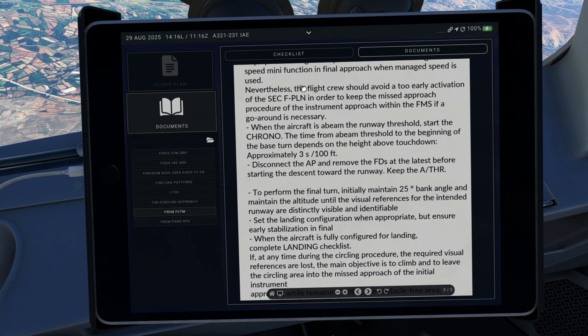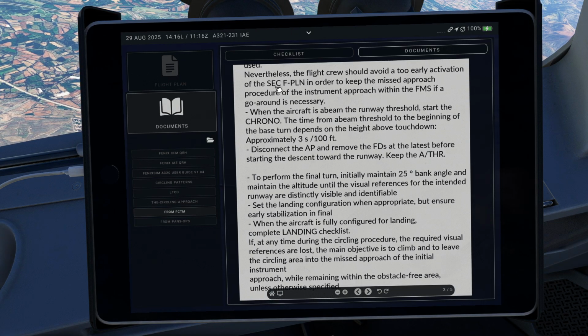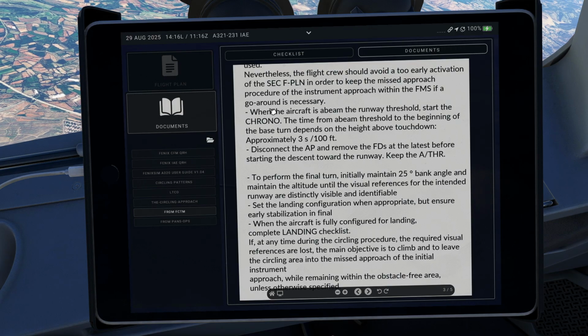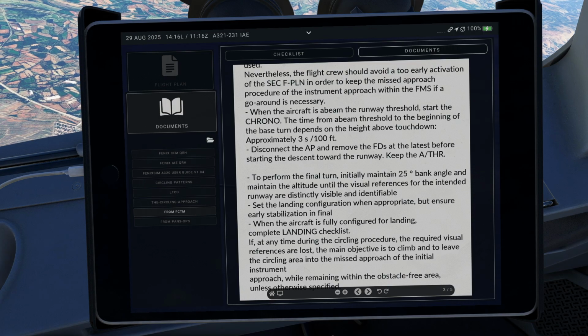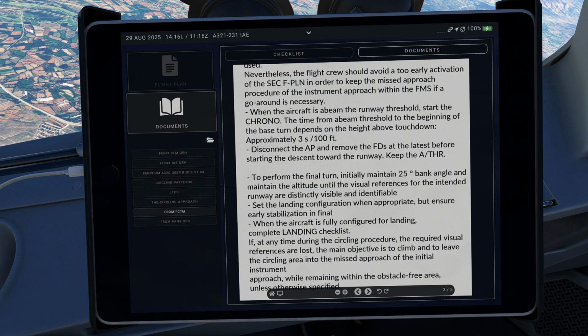Nevertheless, the flight crew should avoid early activation of the secondary flight plan in order to keep the missed approach procedure of the instrument approach within the FMS if a go-around is necessary.